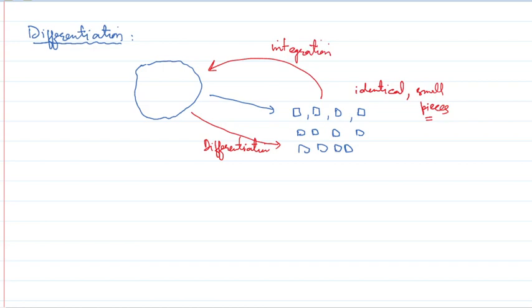Integration, you can say this is basically summation. You are joining these identical small pieces and you will get back the bulk quantity or material. So this will be integration, and in differentiation what we do is actually divide it into identical small pieces.